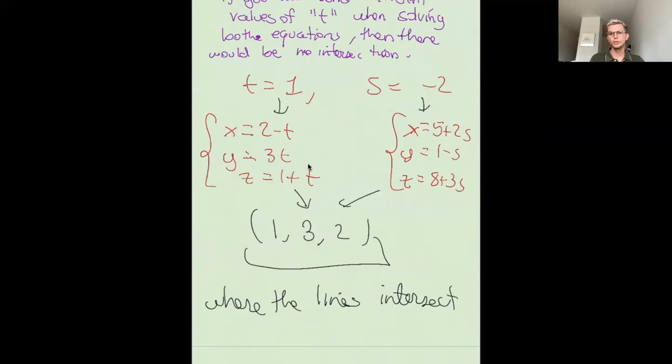Yeah, there can be at most 1 point of intersection, yes. The collision depends on the starting time, right.